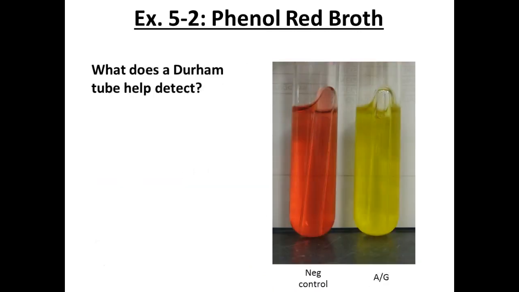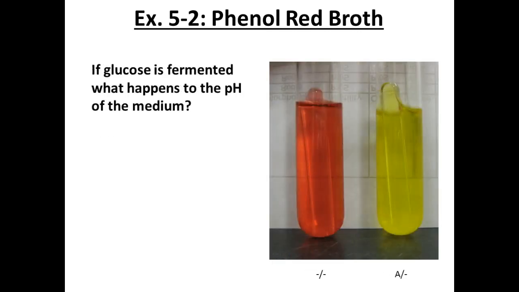Okay. What does the Durham tube help detect? Gas, right? By the presence of that bubble. If glucose is fermented, what happens to the pH of the media? Well, what's a product of fermentation that would affect pH?